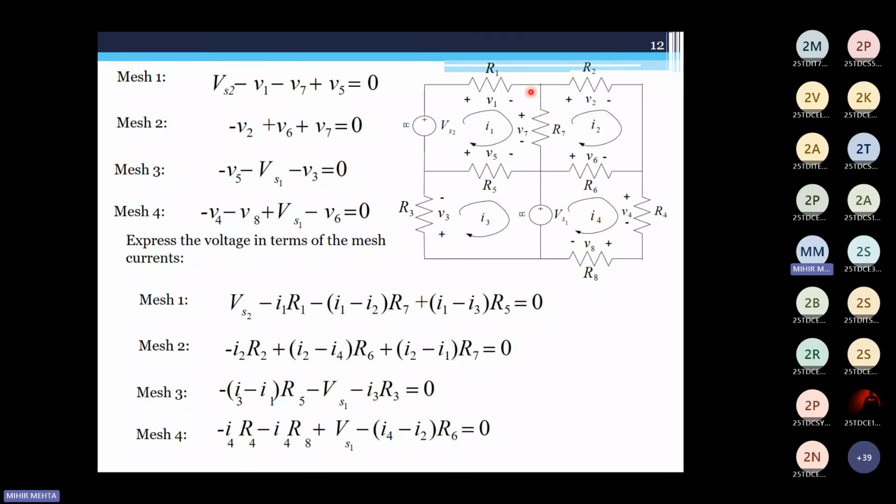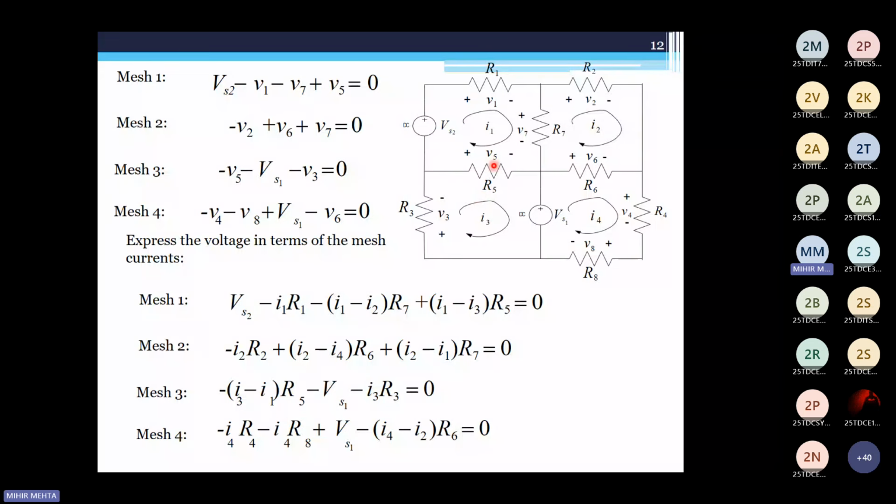If you see, the current I1 is moving from top to bottom as far as the mesh direction is concerned. Similarly, the current I2 is moving from bottom to top in this particular resistance R7. Since the direction of both of them is opposite, you take this as I1 minus I2 multiplied by R7. So that is the voltage drop you'll see here.